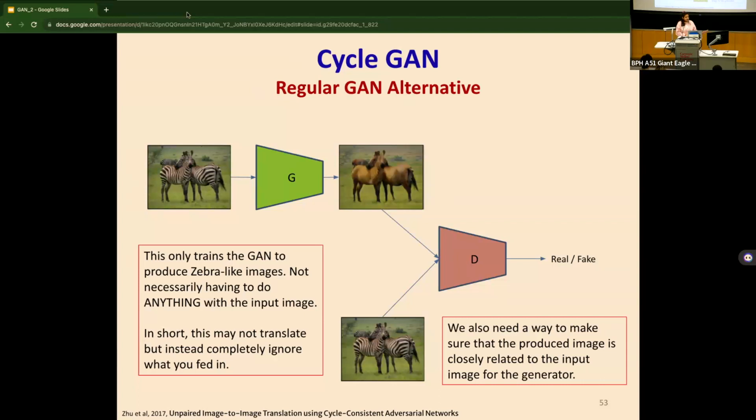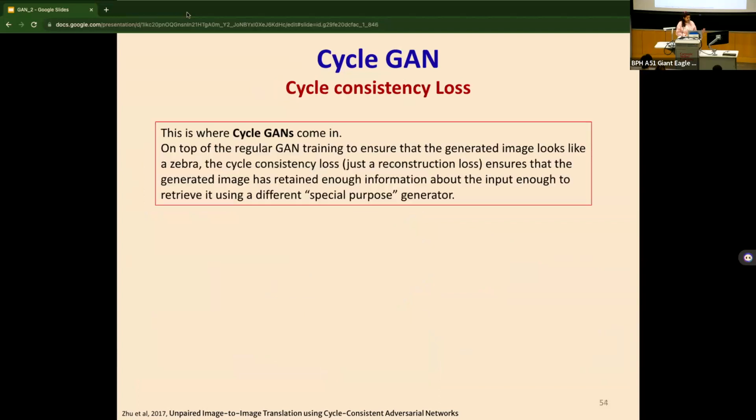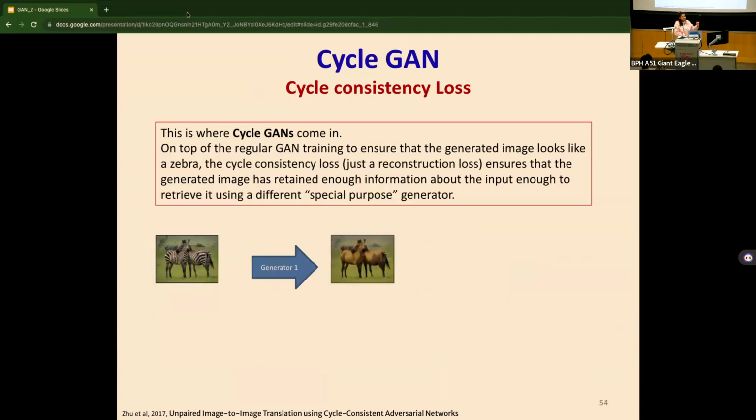Now, as opposed to this, what a CycleGAN does is, it takes the input and passes it through one generator to produce this particular output over here. So it generates the horse image. Now it passes this generated image again into another generator, and the image that it generates is ideally supposed to be the same as the one it was given at first, like the same as the input.